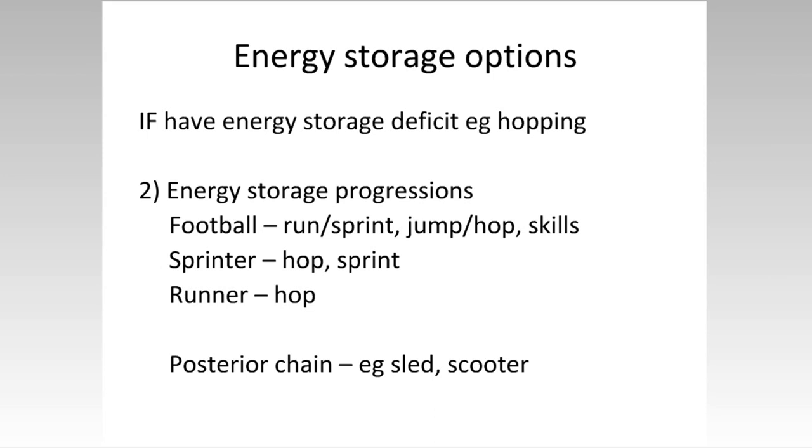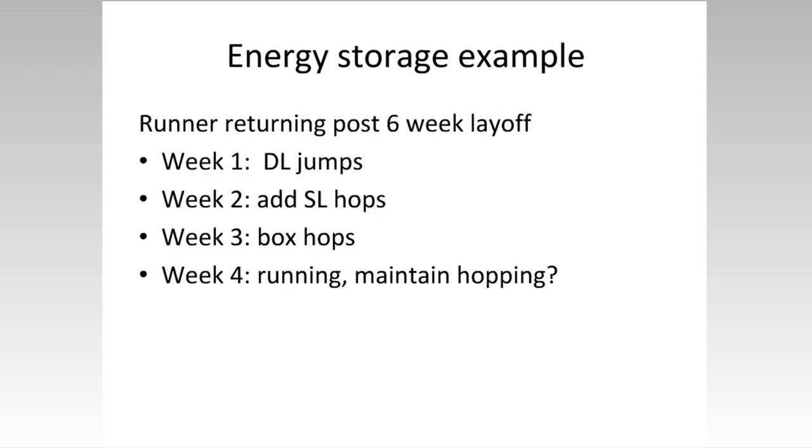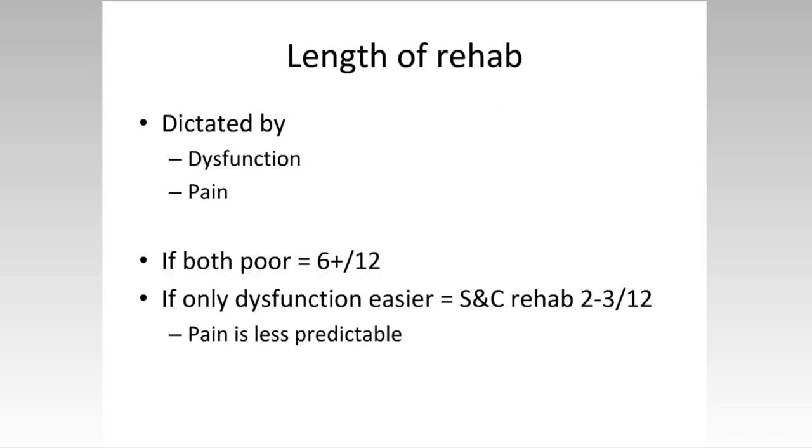You can also add specific posterior chain power work like sled and scooter. For certain groups, it's really good for calf and hamstring patients, but also anyone who's got a posterior chain deficit. I'll talk about that in a second.